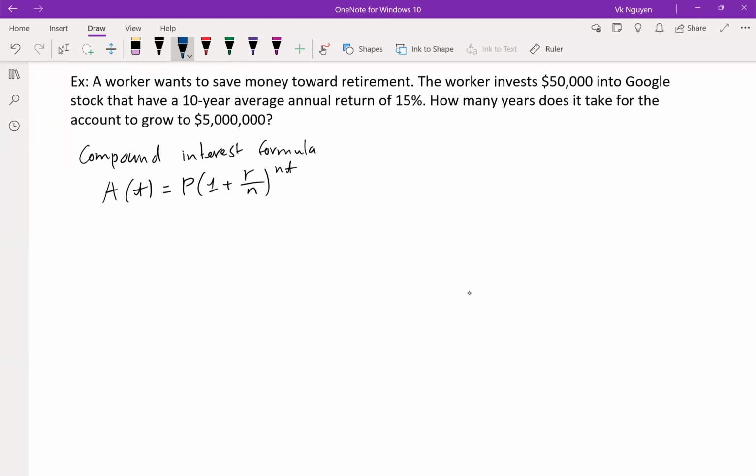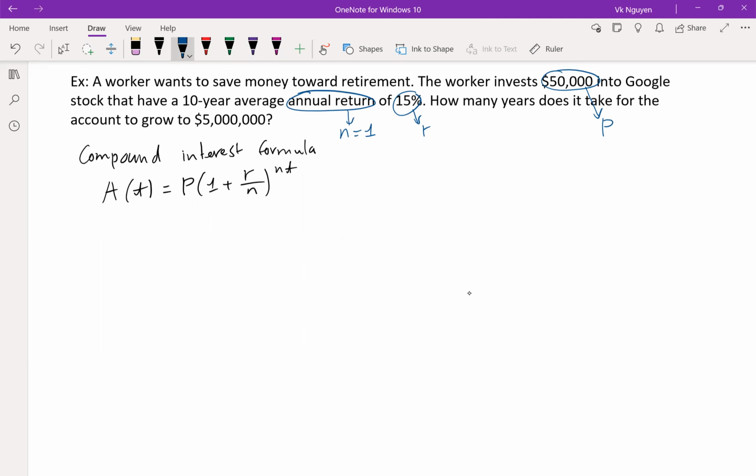Let's take a look. Initial investment, that would be P. Return of 15%, that is the interest rate, or annual return. So that is compounded annually, n equals 1. Usually when you do stock investment, you get annual return.